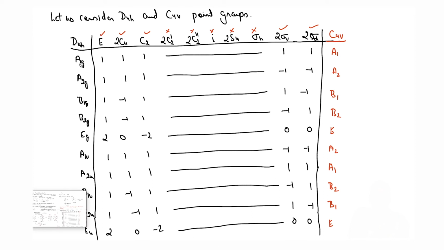We can easily see that whatever is A1g in D4h is nomenclatured as A1 in C4v. So let me go to the next page and write down these IR representations which are now correlated. Let's first write down the point group C4v on top.